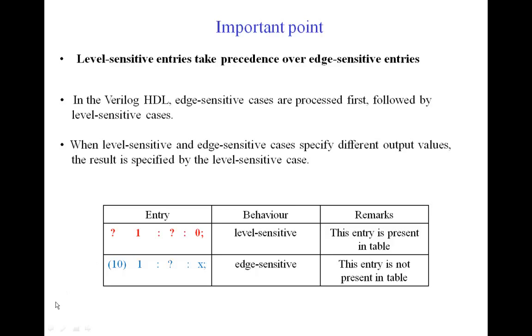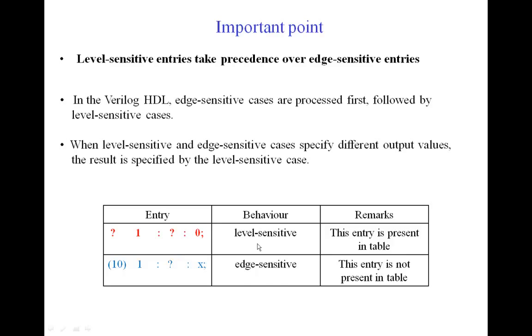So it will return an unknown value. First, edge sensitive cases will be processed. Later on, this entry is there in the table, so it will process this one too. Output is 0 here. So according to the compiler design, level sensitive entries take precedence over edge sensitive entries, so it will return a value 0.